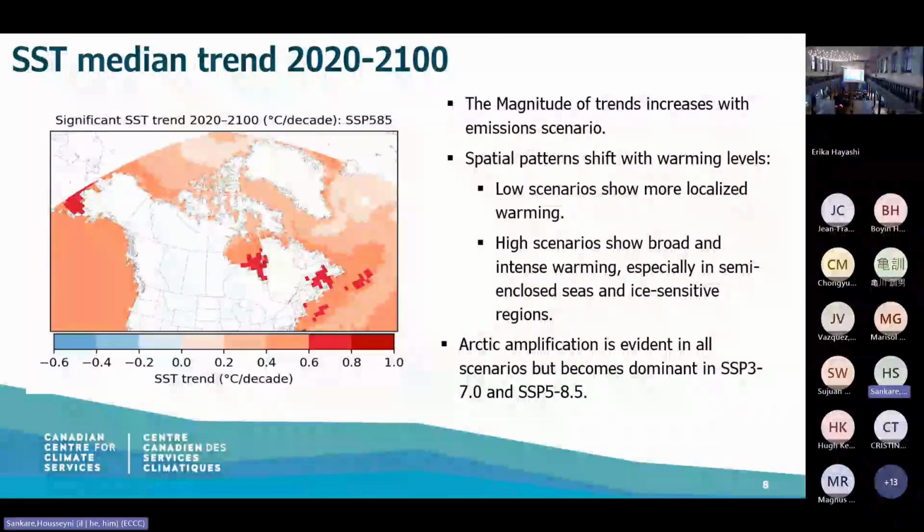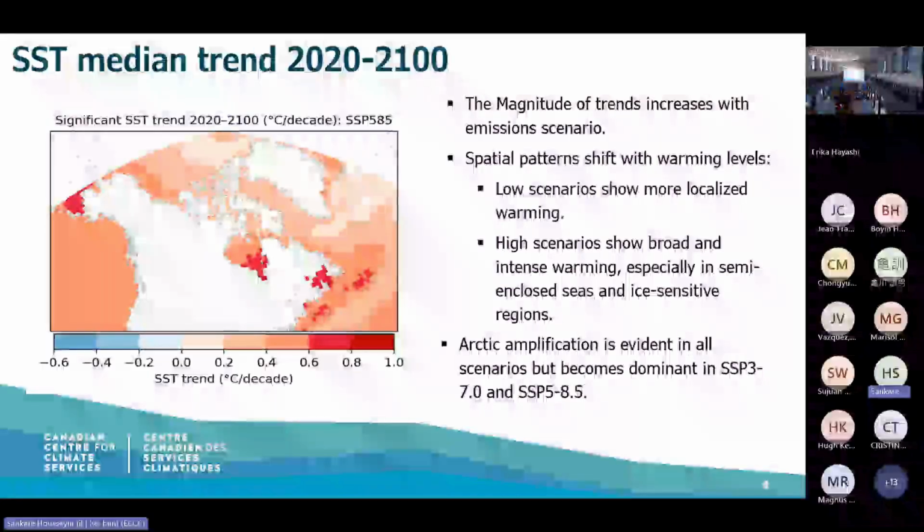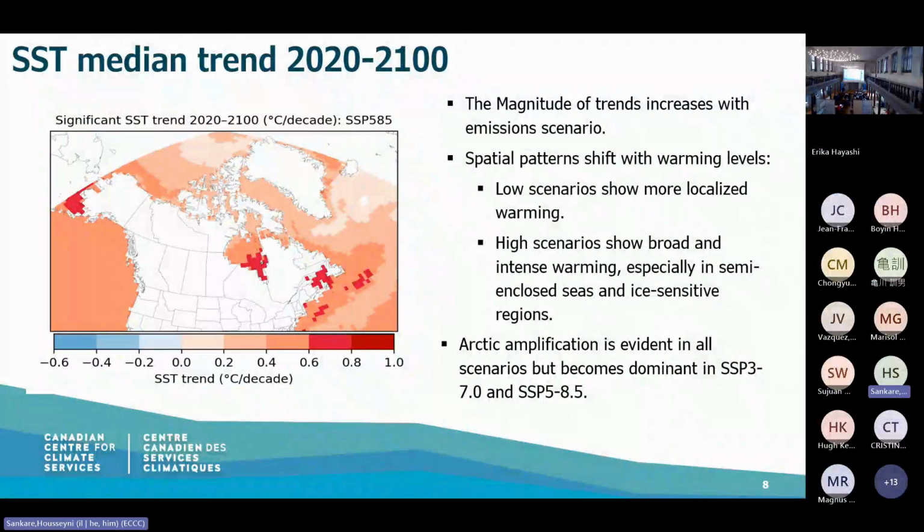You see here the magnitude of the tendency increases with the emission scenario. Also, the spatial patterns shift with the warming level. Low scenarios show more localized warming, ranging, for example, for SSP2-4.5 here, from 0.2 to 0.4 per decade.